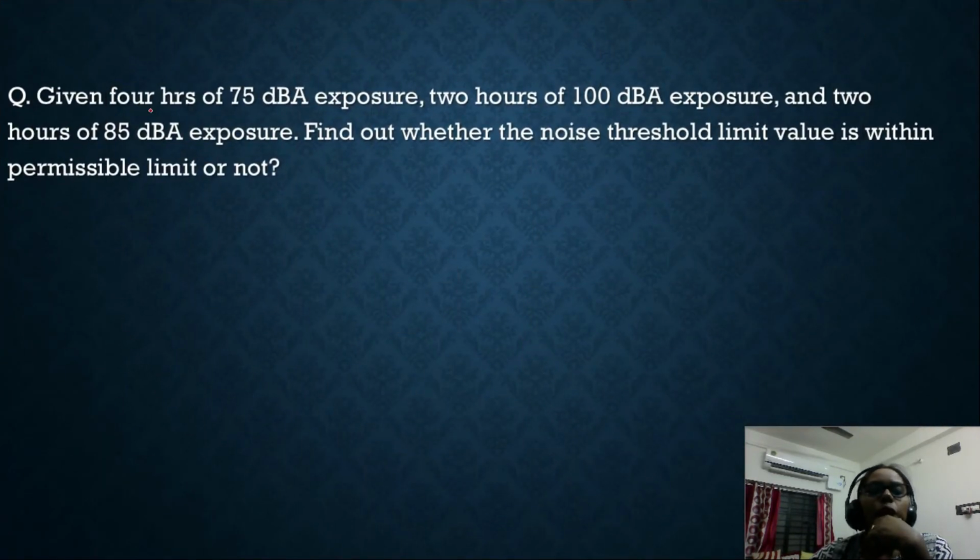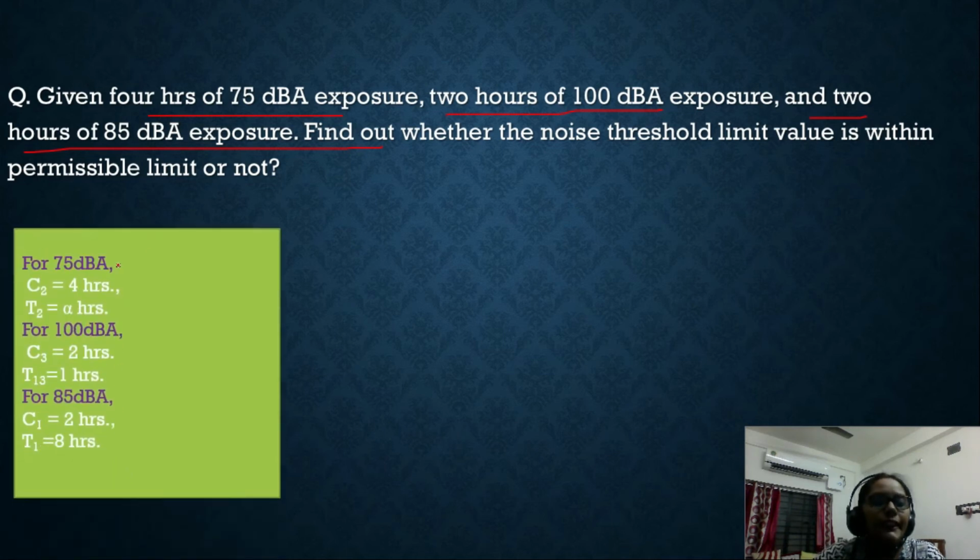Given 4 hours of 75 decibel exposure, 2 hours of 100 decibel exposure, and 2 hours of 85 decibel exposure. Again you have to find out whether the noise threshold limit value is within the permissible limit or not. For 75 decibel sound, in the table we have drawn, 75 decibel is not there.